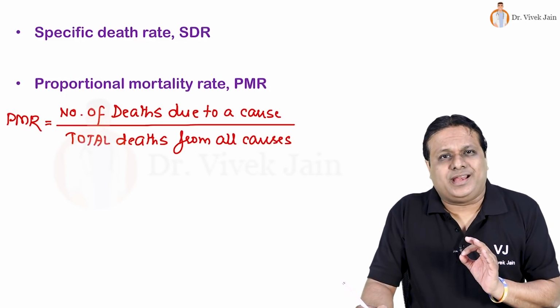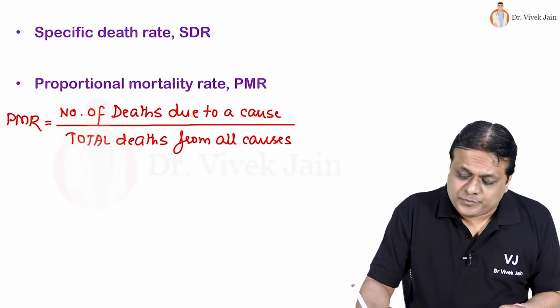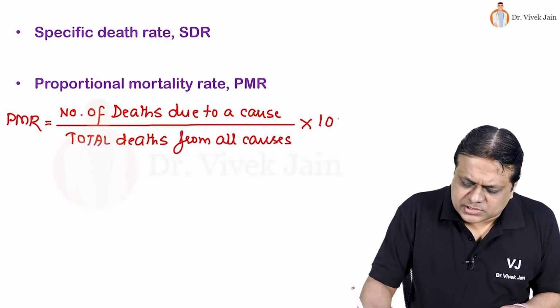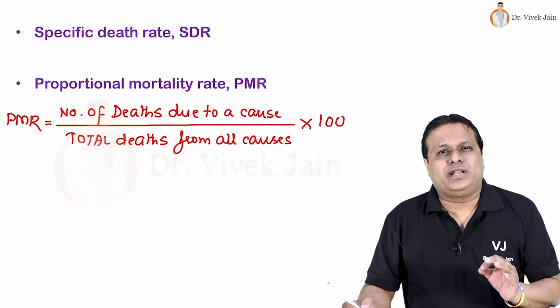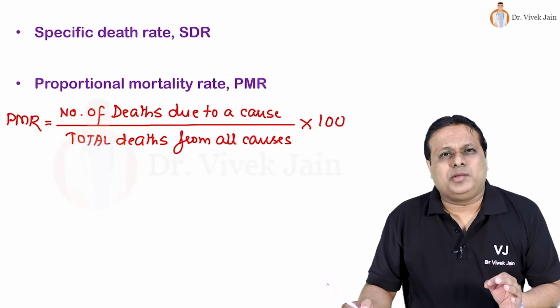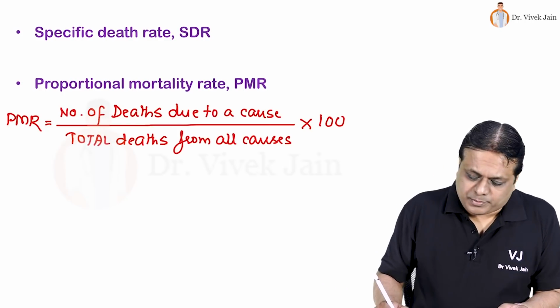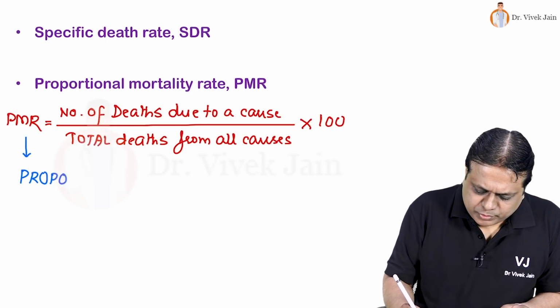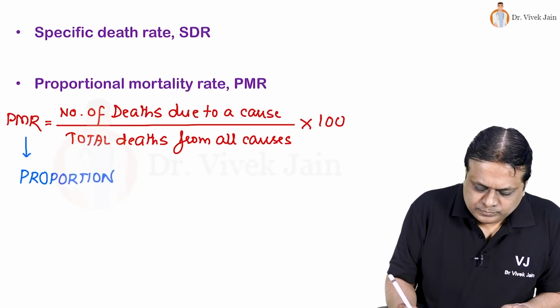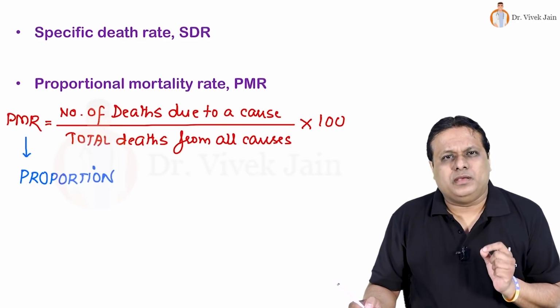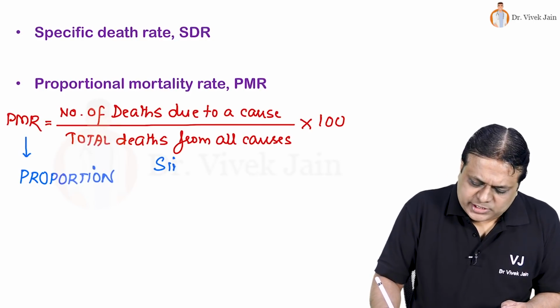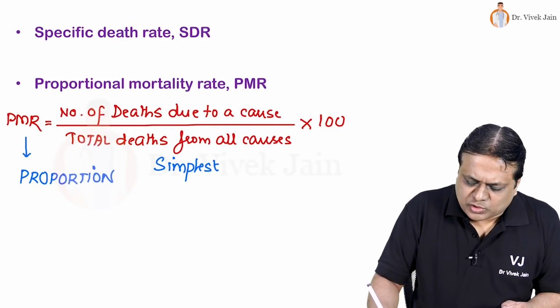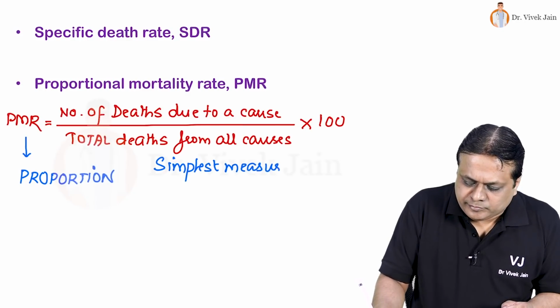Proportional mortality rate is not a rate. Why? Multiplier we prefer is 100. Now numerator is a part of denominator. Multiplier is 100. So proportional mortality rate is actually a proportion. One important thing about PMR you must know, it is known as the simplest measure of disease burden.